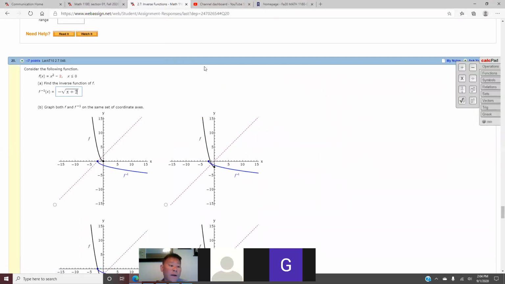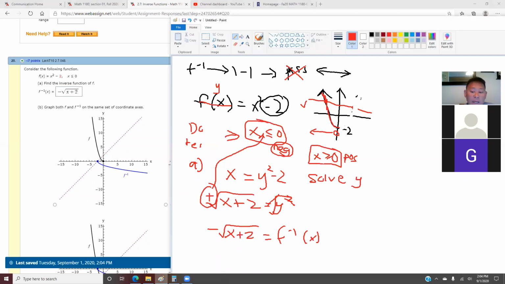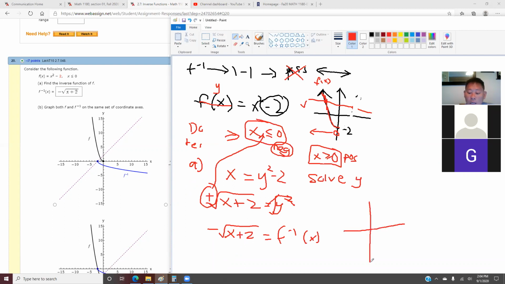You guys okay here so far? Yes. For the graph, we redid one graph, which is this graph. This is your f of x graph. So how do we graph this negative square root of x plus 2? The graph looks something like this. This is the square root graph. When you have a plus 2, it means that you move left 2.